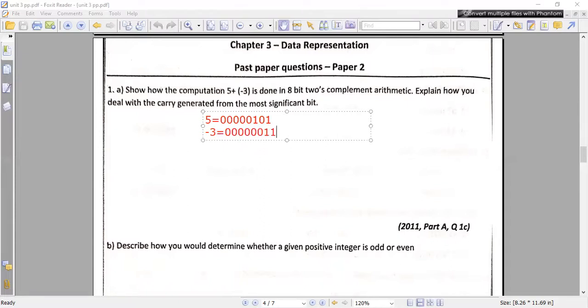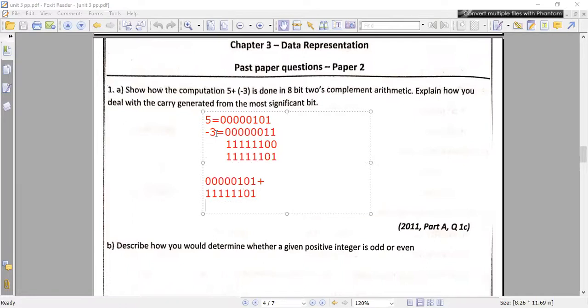Then invert the bits: 1 1 1 1 1 1 0 0. Then add 1. Then you have to add them together: 0 0 0 0 0 1 0 1 plus 1 1 1 1 1 1 0 1.